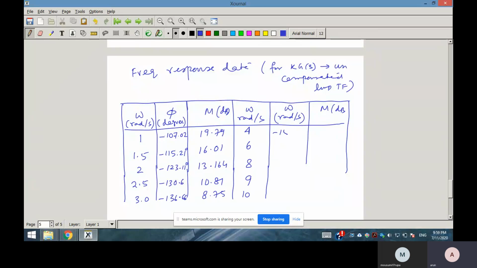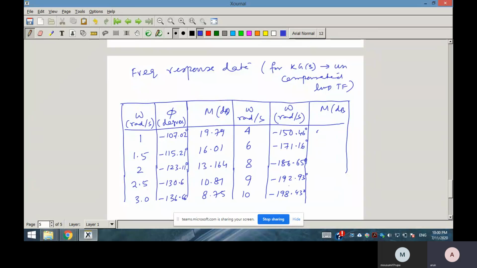The phases are minus 150.46, minus 171.16, minus 186.65 degree, minus 192.93 degree, and minus 198.43 degree.